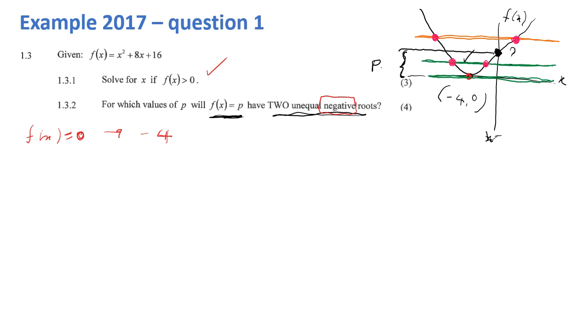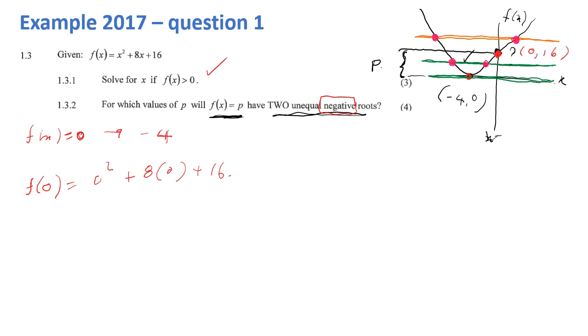Okay, and I hope you can see that. So, I need to calculate the value of this point over here. That's easy because I know x is 0 at that point. So, let's calculate the function value at x equals 0. I get 0 squared plus 8 times 0 plus 16. So I know that the coordinate of this point over here is 0, 16.